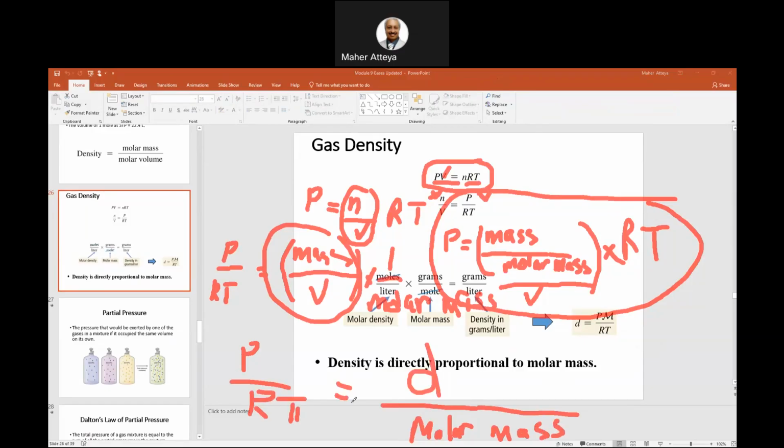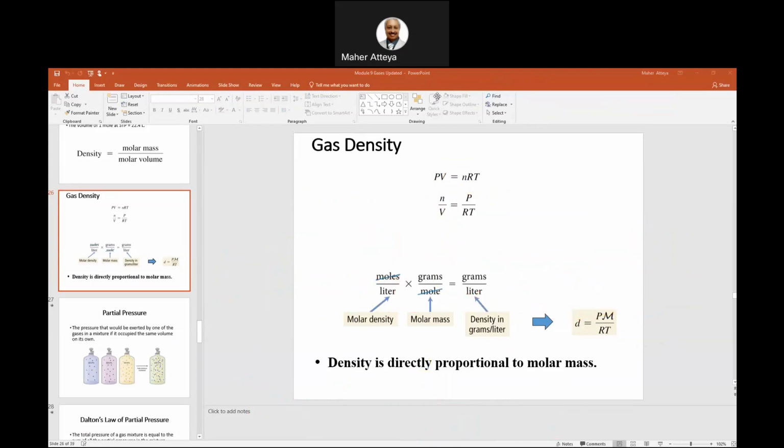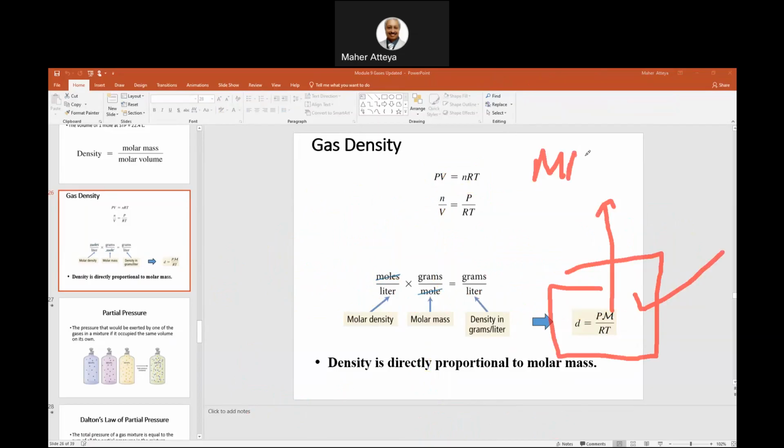With this one in mind, look at this formula. You have to keep this formula in mind and put it aside. So the density is the pressure multiplied by the molar mass, M, divided by RT. This is the density here. Can you play around with it? Yes.